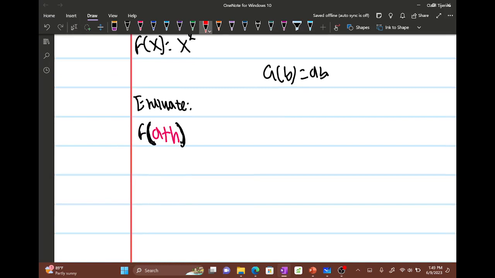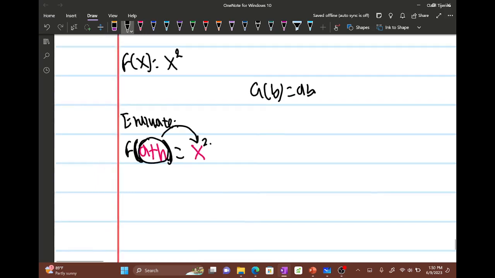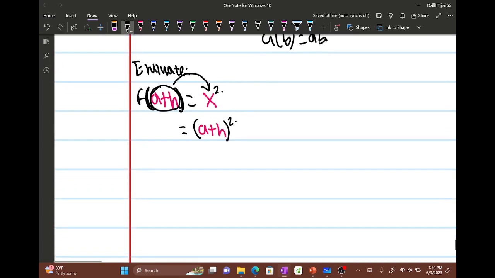This something that is inside these parentheses is called an input. We're plugging that in for the function. So our function is x squared, right? We're plugging this in to this, and we're squaring the whole thing. So really, this means the quantity a plus h quantity squared, right? There's a big difference, and I've seen students make that mistake all the time.